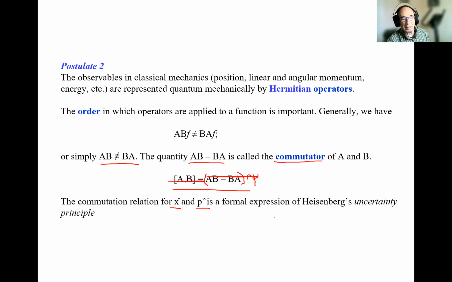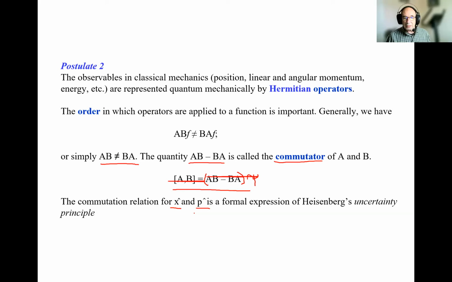This is a formal expression of the Heisenberg uncertainty principle, right? So we know that if we know everything about the position, we can know nothing about momentum, or otherwise we can know something about position and something about momentum. I guess that is familiar to most of you, or to some of you.